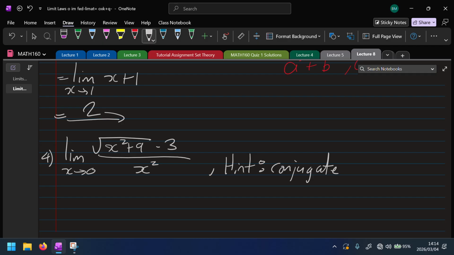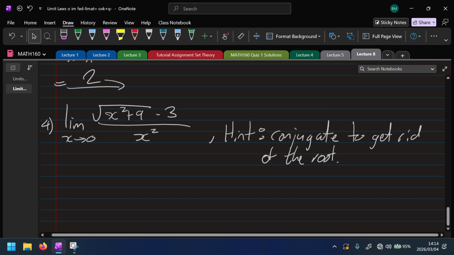Multiply top and bottom by the conjugate, and then you can get rid of that root. You don't know what conjugate means? Go home, Google it, and then try this out. Otherwise, you can look at tutorial number 1 on algebra. That covers conjugates as well. Any questions for this homework?